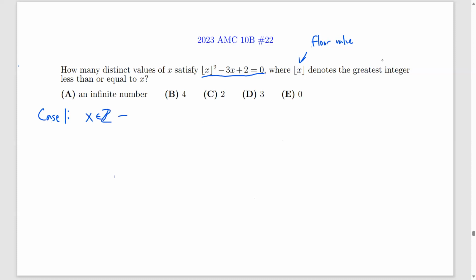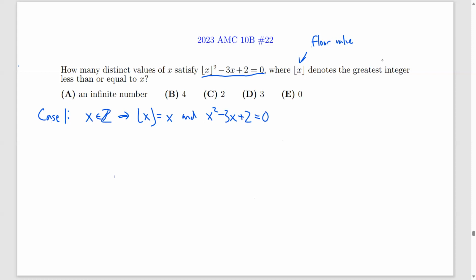So for this case, if x is an integer, then the floor value of x is simply equal to x. And for this case, we now have a quadratic. So now we just need to solve the quadratic equation x squared minus 3x plus 2 is equal to 0.